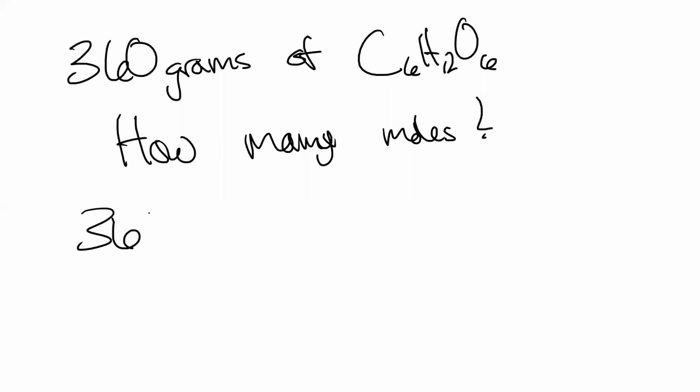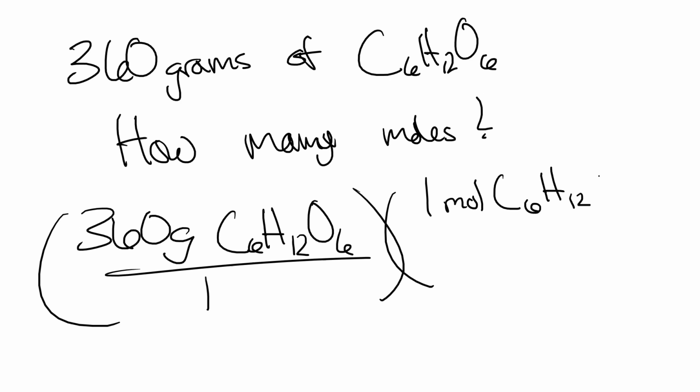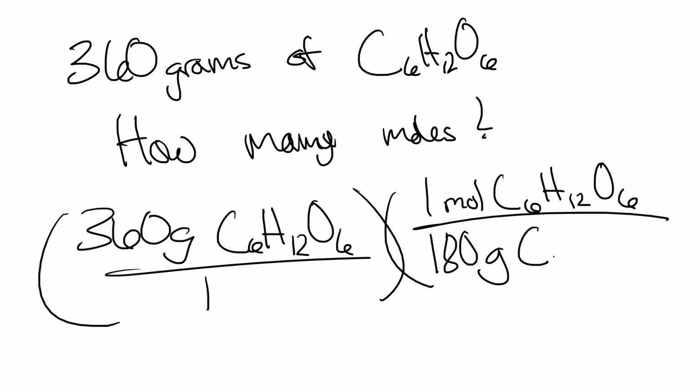You'd go 360 grams C6H12O6, multiply that by 1 mole of C6H12O6, and yes, you can ignore the E if you absolutely want to, per 180 grams of C6H12O6.